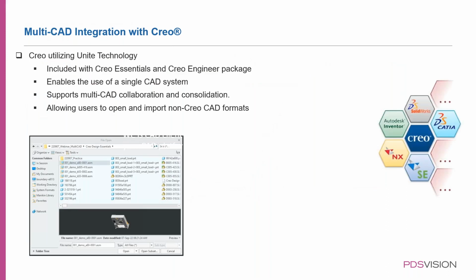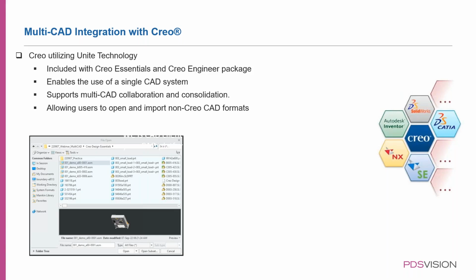And the primary focus of this demonstration, we're going to do the Multicad integration with Creo. Many companies may maintain multiple CAD softwares. Utilizing Creo Unite technology, which is included with Creo Essentials and Creo Engineer packages, this enables us to use a single CAD system. It supports multi-CAD collaboration and consolidation.